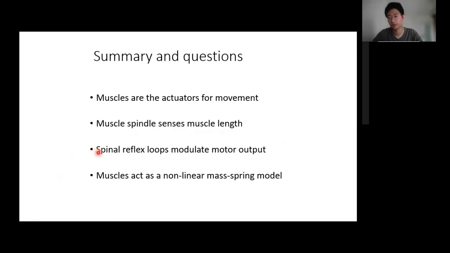And then we went through several reflex loops. There are many types of reflex, and these reflexes modulate the motor output. And last, but most importantly, at the mechanistic level, we modeled the muscle as a nonlinear mass-spring model. So we have to understand how this model works to generate different types of movement.